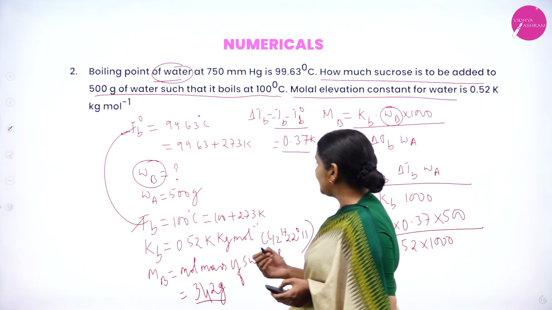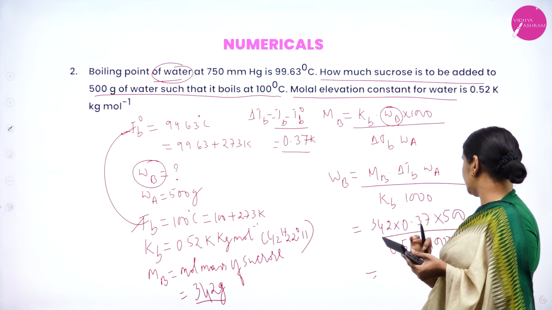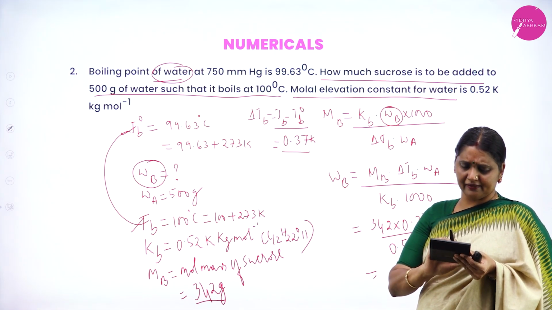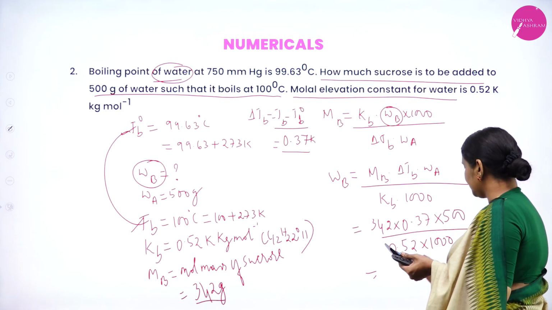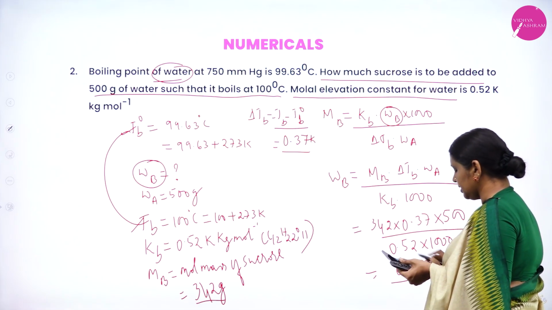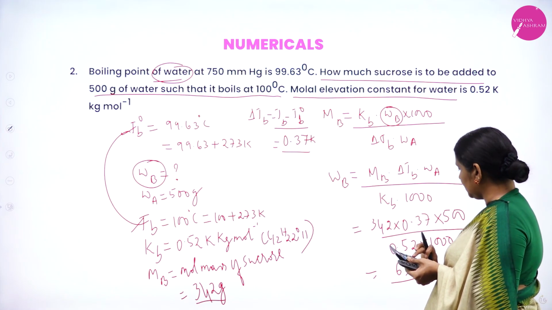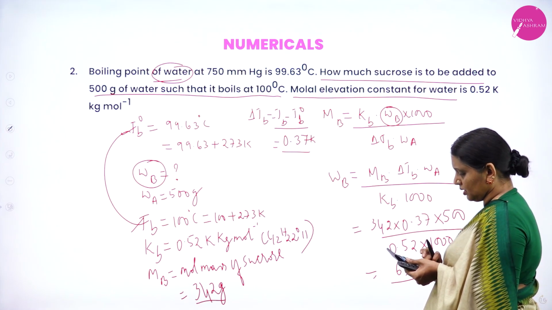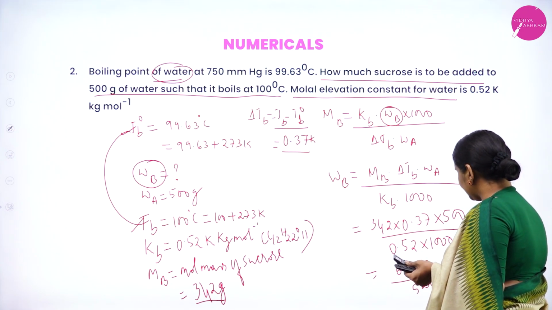If you simplify this, 342 into 0.37 into 500 is 63270, divided by 0.52 into 1000, which is 520.